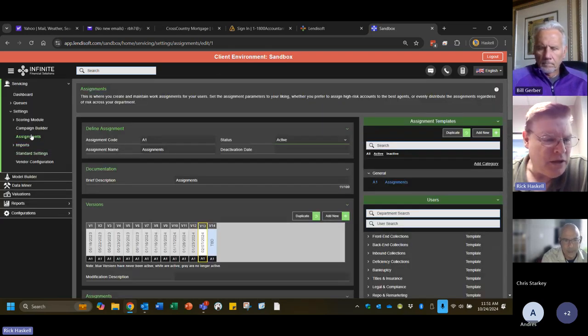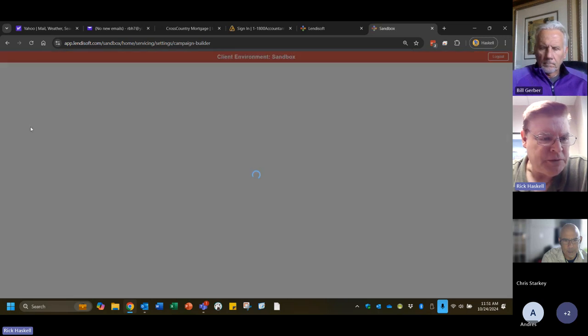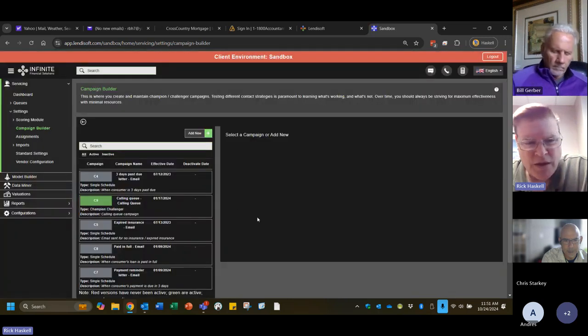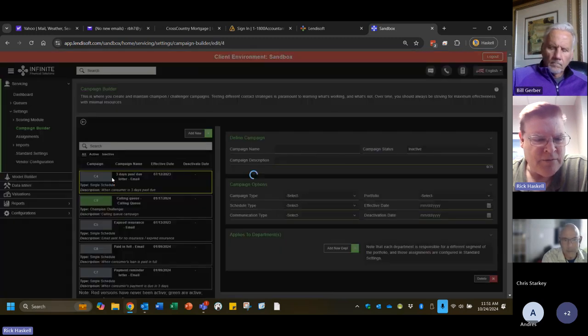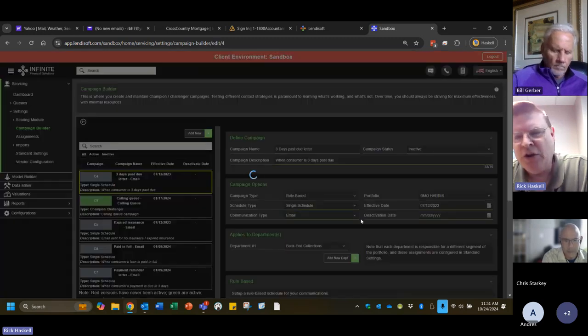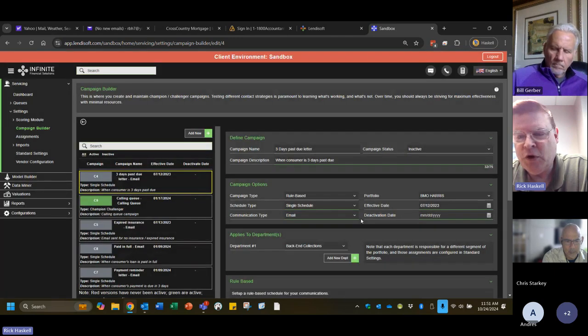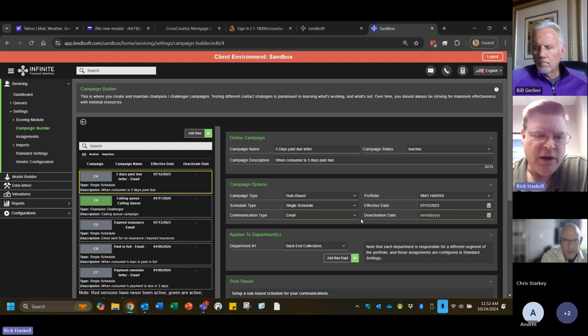The other thing I want to show you is the campaign builder. Now you can also create campaign templates, and there are different kinds. For example, in our notification builder, you can create different notification templates, like a past due notice or a welcome notice.